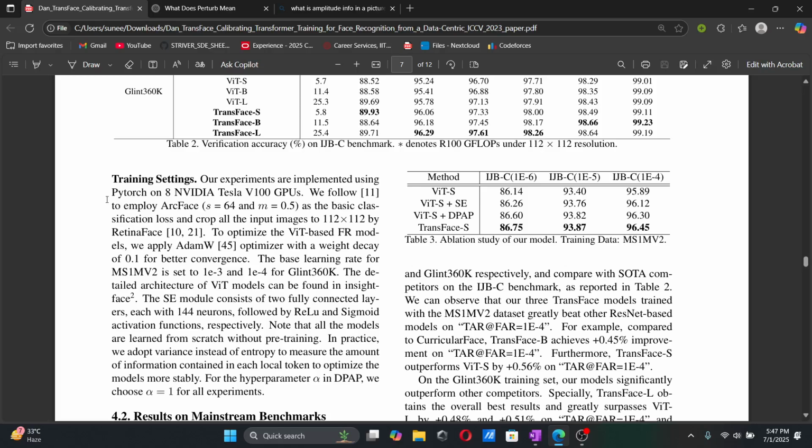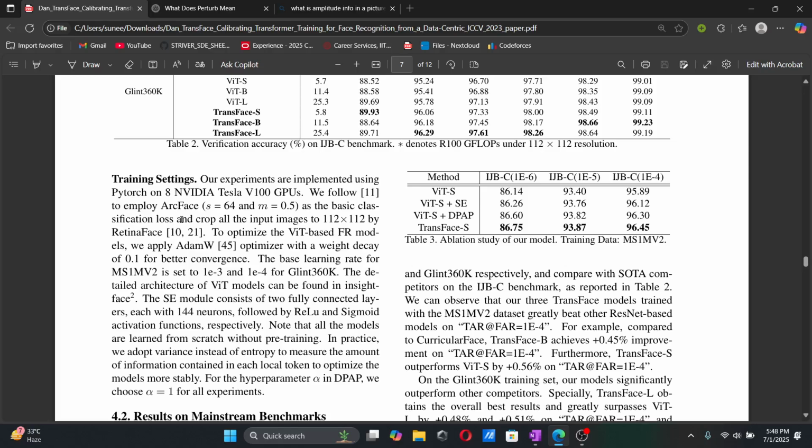We follow prior work to employ ArcFace as the basic classification loss and crop all the input images by RetinaFace.